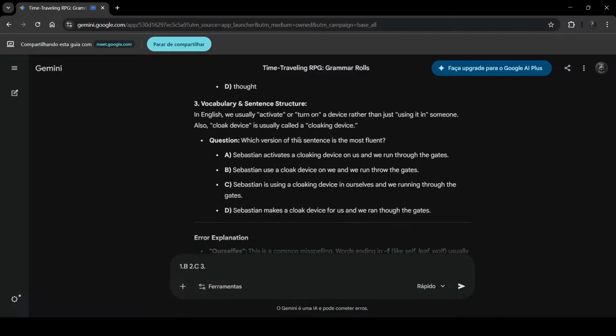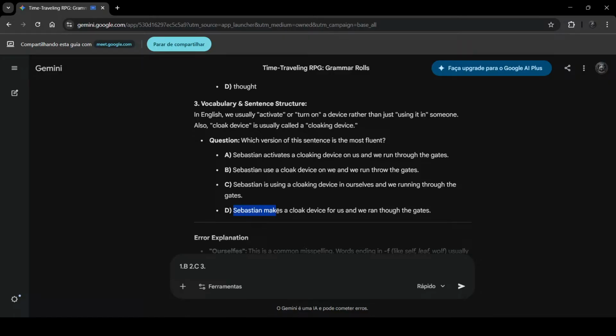Which version of this sentence is the most fluent? A. Sebastian activates a cloaking device on us and we run through the gates. B. Sebastian use a cloak device on we and we run through the gates. C. Sebastian is using a cloaking device in ourselves and we running through the gates.